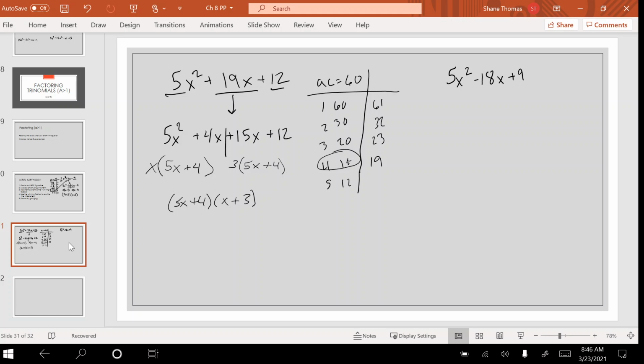So all of them have to be minus, okay, or negative. So AC, what's A times C going to be? 45. Okay. So what's my factors of 45? 1 and 45, 3 and 15, 5 and 9. That's about all I see.